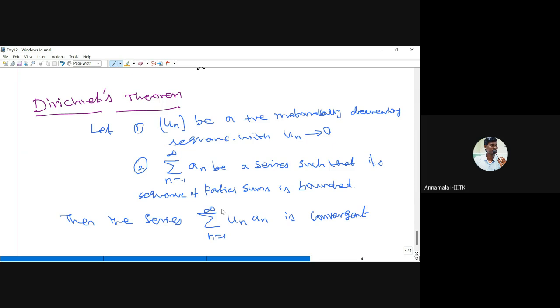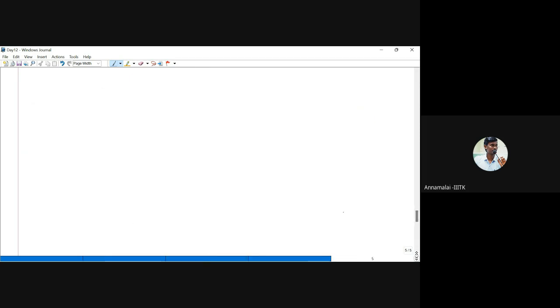So we have to choose something as un, and check whether this is monotonically decreasing and converges to 0 or not. And then for the series an whose partial sum is bounded, we can directly say that this converges.